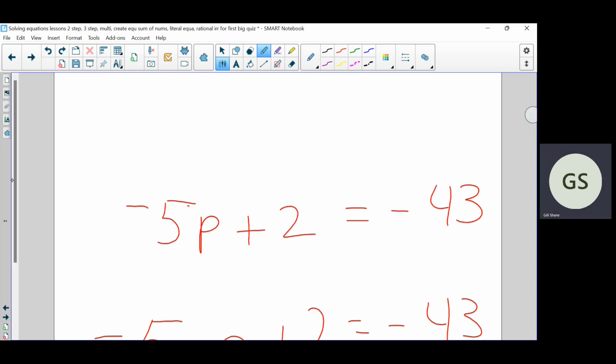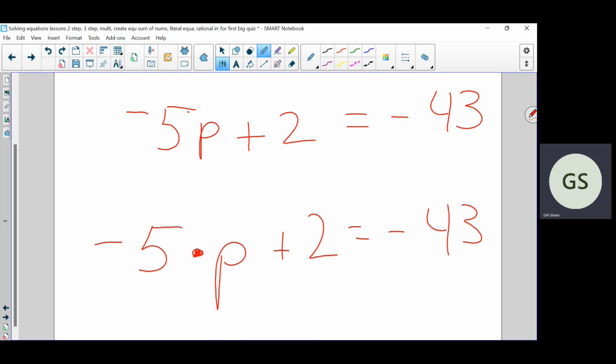I'm just showing you that means multiplication. If you already know that, you don't need to rewrite it. If you didn't remember, then yeah, I'd write that down. Every time I show you something you don't know, I'd write it down.